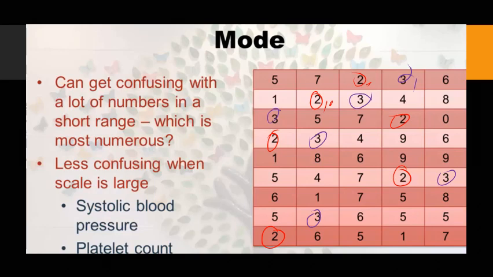We don't see people doing research with mode because what does that really mean? If 3 people have the exact same blood pressure reading in a data set, it's not too significant. I don't know what that really tells you, just because that happens by coincidence.